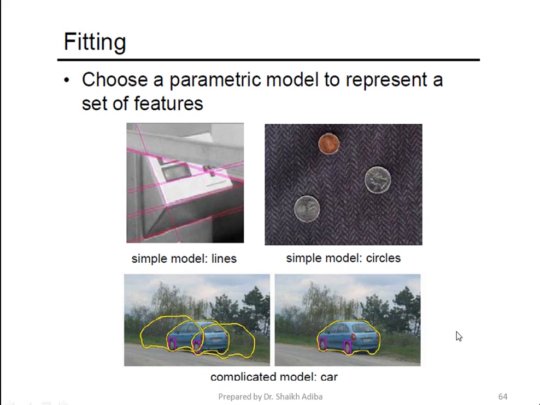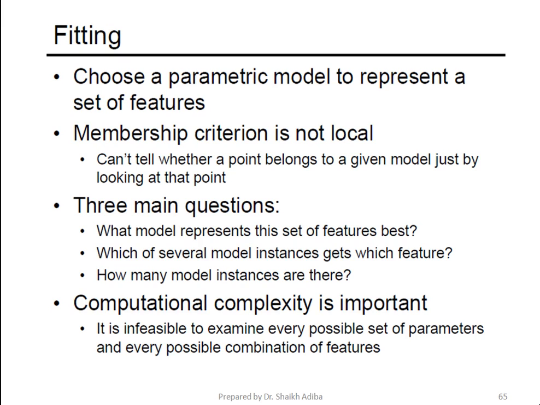But if you do not have a specific primary shape that you can apply simply, then we can go for a combination of these primary models that will best suit the shape of the object to be determined in the image. So first you need to choose a parametric model to represent a set of features.